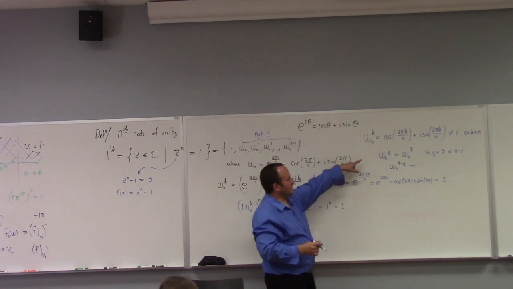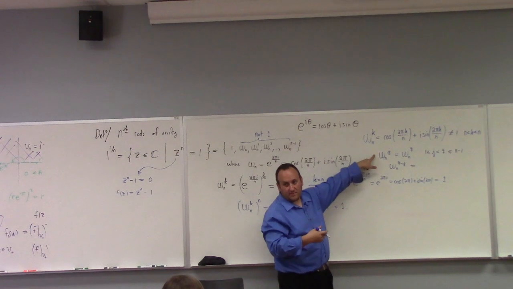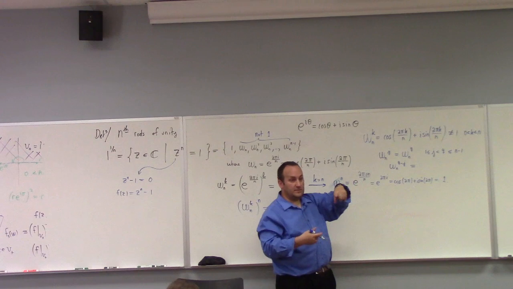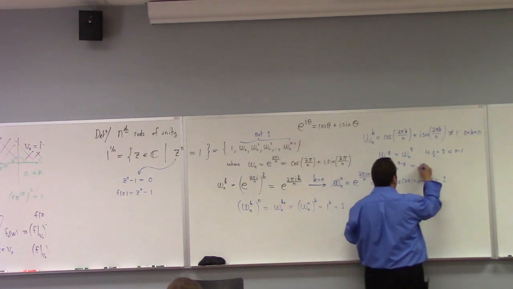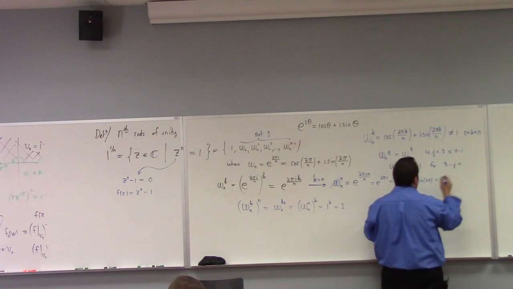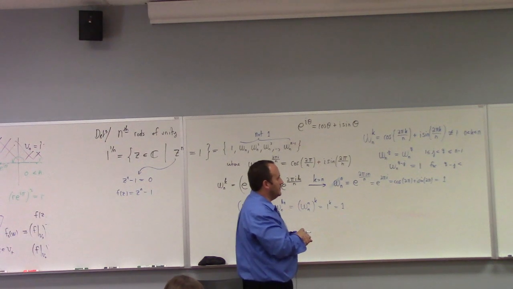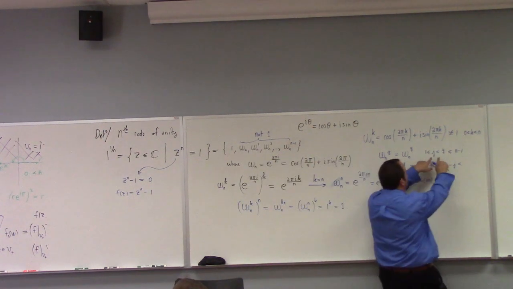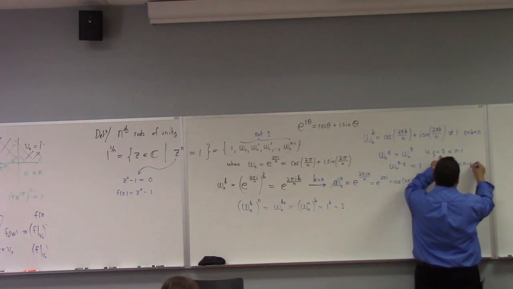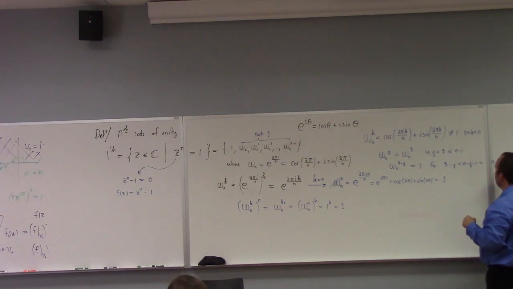So basically take this equation and multiply it on both sides by omega sub n to the minus j. So we get 1 on one side, we get omega sub n to the q minus j on the other side, and that equals 1. And what's the problem with that? Is that less than n? If we subtract, we get q minus j is less than n, isn't it?